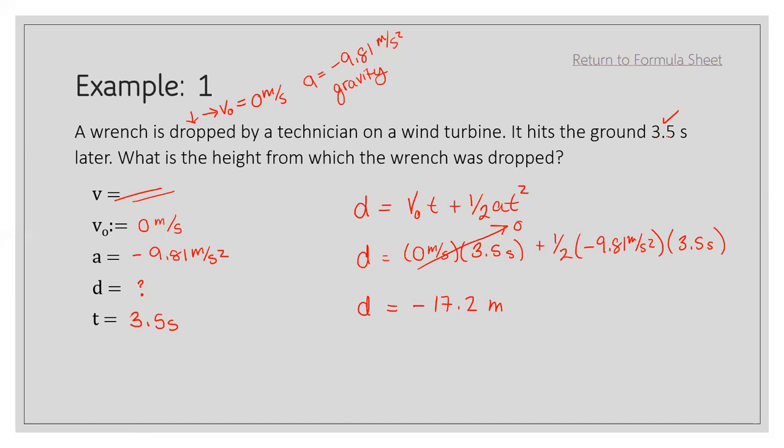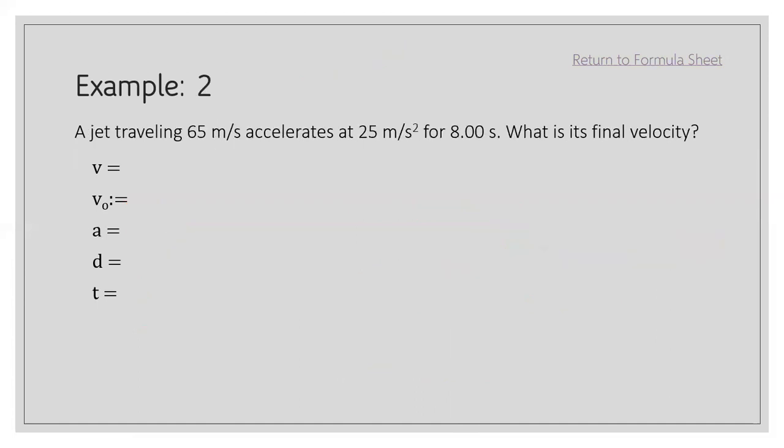Looking up here, I have 2 sig figs, so we're going to round that to negative 17 meters. So therefore, it falls 17 meters. These 3 little dots just mean therefore. Not too complicated, especially nice that we didn't have to do any rearranging.